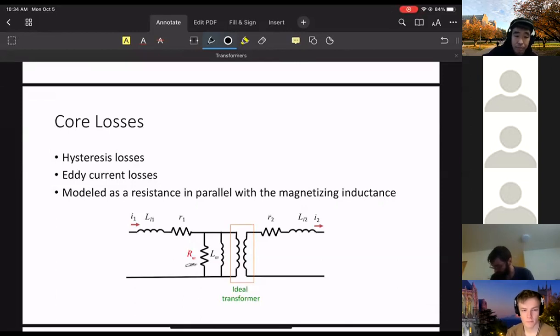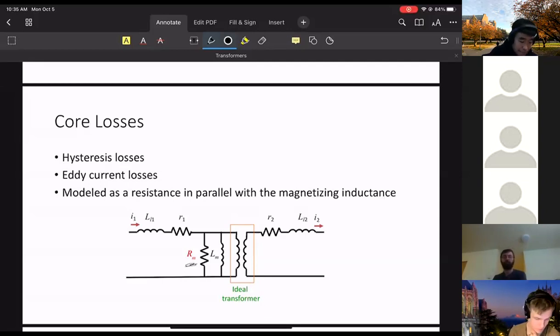So the final model, what we have at the end of the day for this kind of transformer, is this ideal transformer. This is our easy to understand ideal transformer. Then we start putting things around it. In this case, we put an inductor and a resistor in series at both sides.